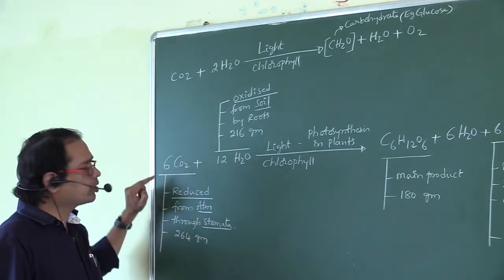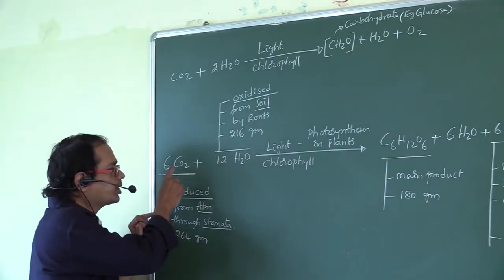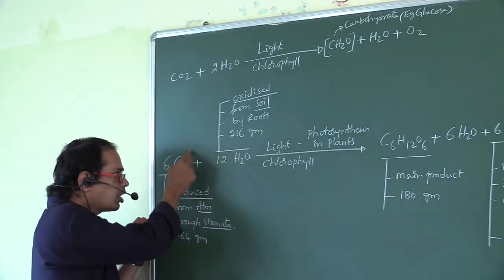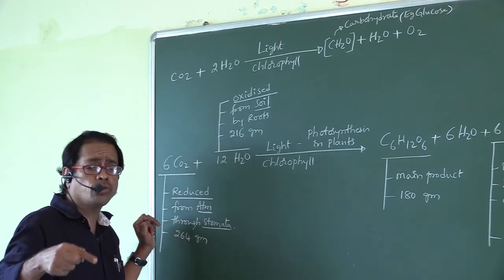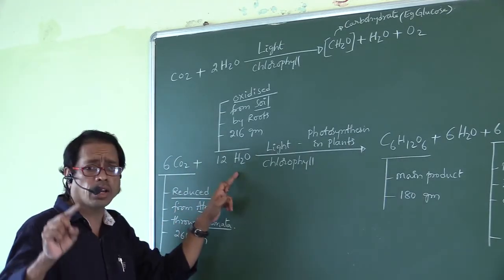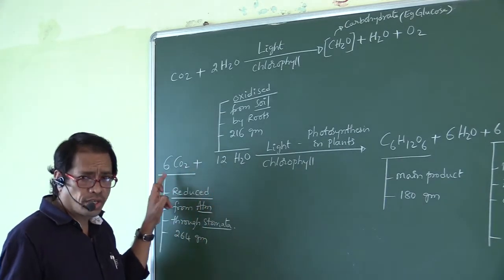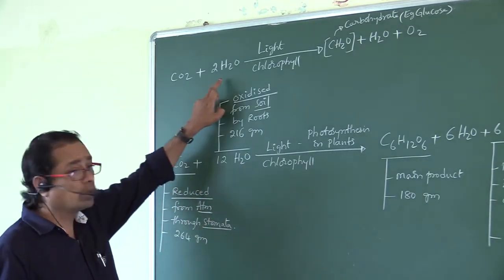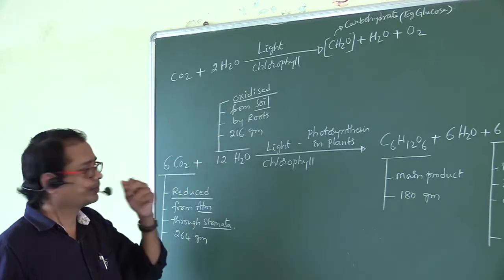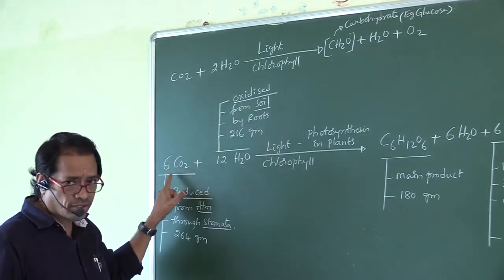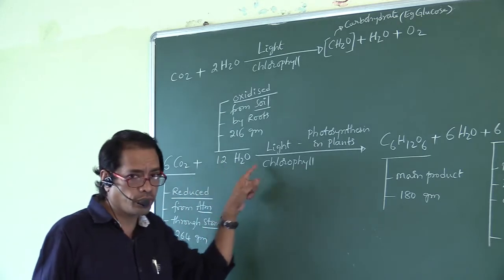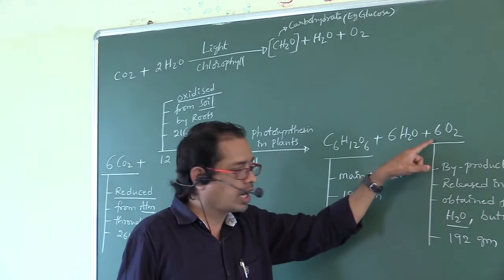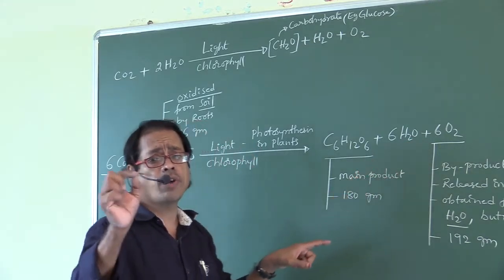For 6 molecules of CO2, 12 H2O molecules are required. For 1 CO2, 2 H2O molecules are required. So 6 CO2 plus 12 H2O gives rise to glucose plus 6 H2O and 6 molecules of oxygen.